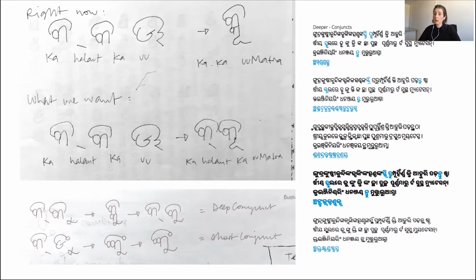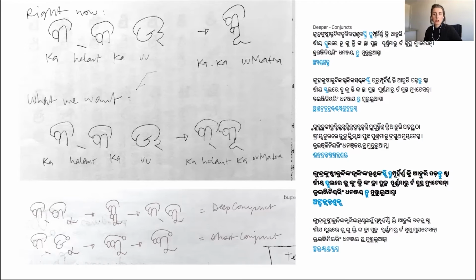If the conjunct becomes way too deep, with maybe a 3-part conjunct and a below mark, then it's just too deep. Knowing that the environment of Noto Sans is mainly digital, I decided to implement these features for the deep conjunct.